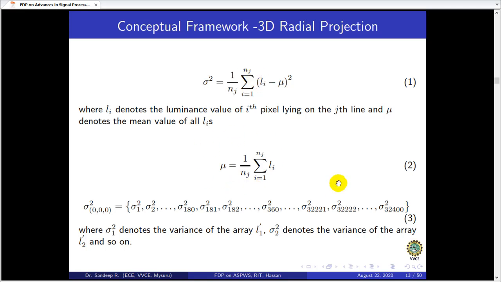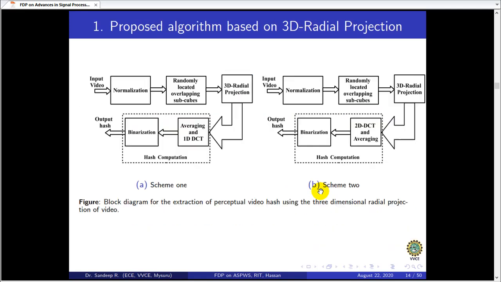So if I assume that the center of the subcube is at 0, 0, 0, then I get 32,400 variance values. Let me call this an array of variance. So we have seen how we extract the 32,400 variance values from a subcube.